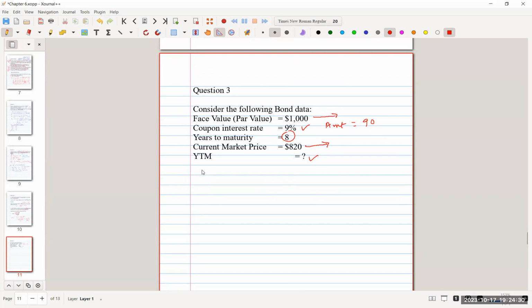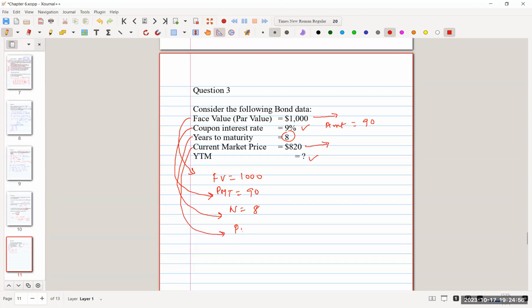What do we know? We know this. This in time value terms translates to face value is 1,000. We know this. This gives us a coupon amount of $90, which is our payment. We know this. This is N. We know this.